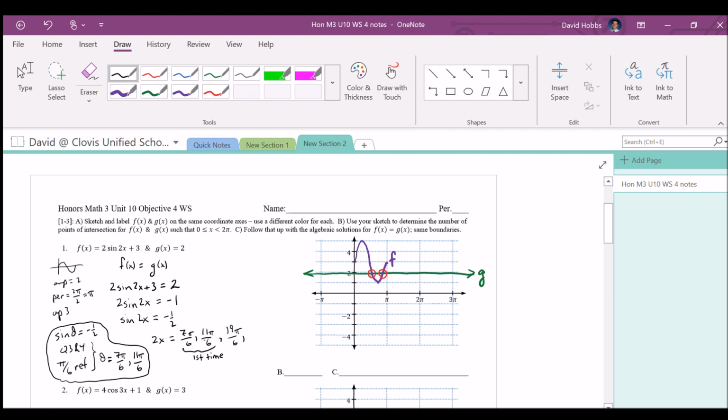And then if we add a rotation to 11 pi over 6, that's 23 pi over 6. And so that's our second time around. The coefficient in front of the x was a 2, so we just go 2 times around here.